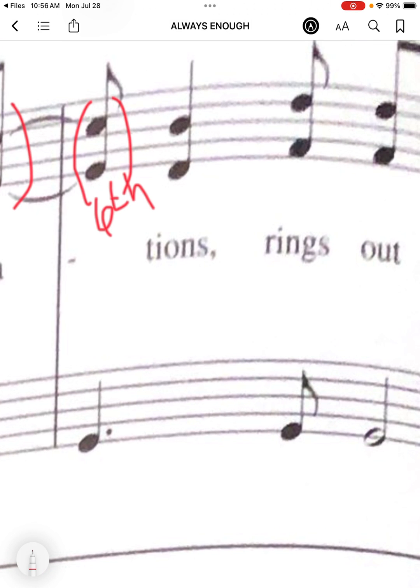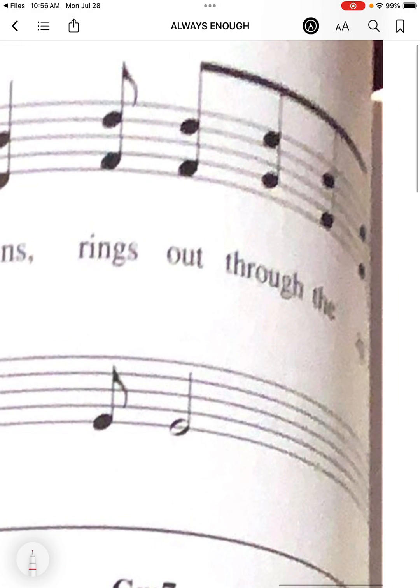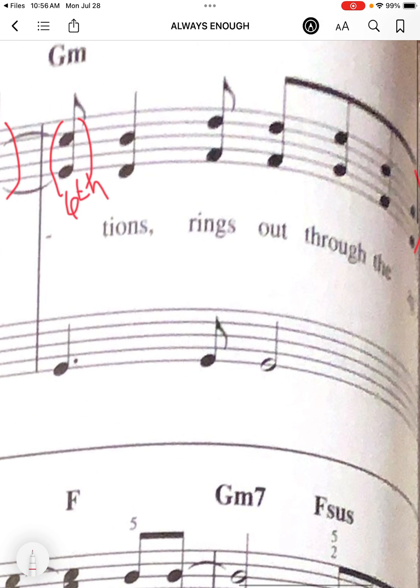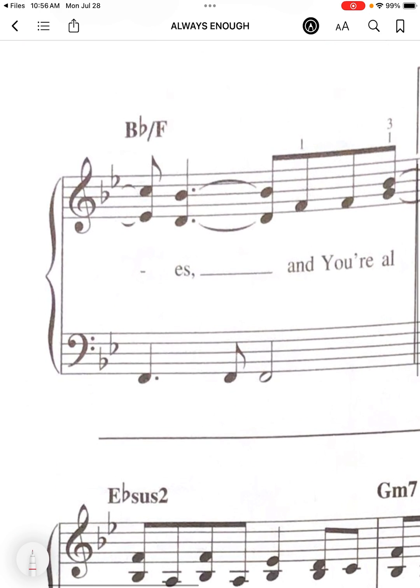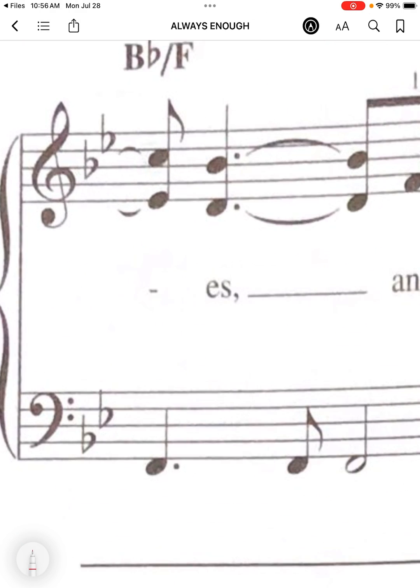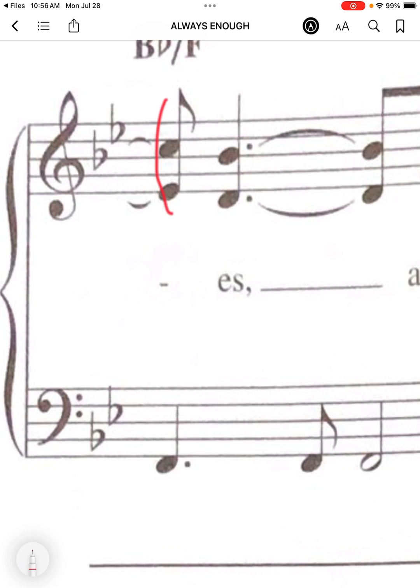Looks like all these look like intervals of 6, from this one to this one. Okay, these 2 are looking like 6s together.